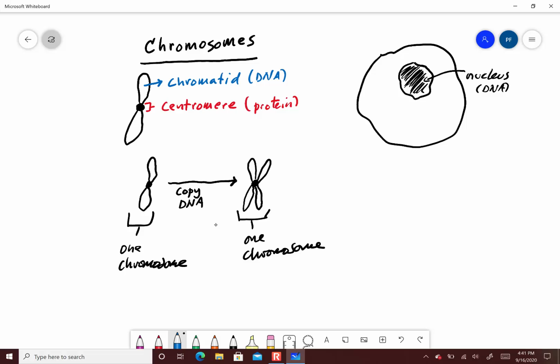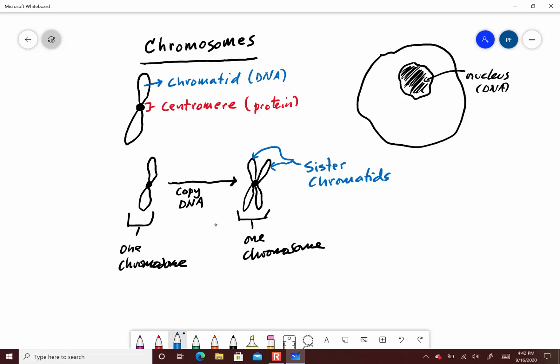Okay, and then I want to tell you, because we're going to see this as we go through cell division, these two chromatids now that we made, we have present after we've copied our DNA. There's a specific name for those. They're called sister chromatids. So you're going to see in some stuff where we're going to mention sister chromatids and what's happening to them.